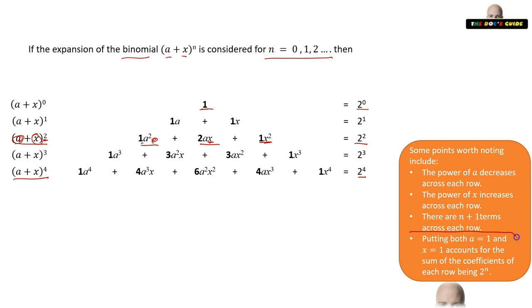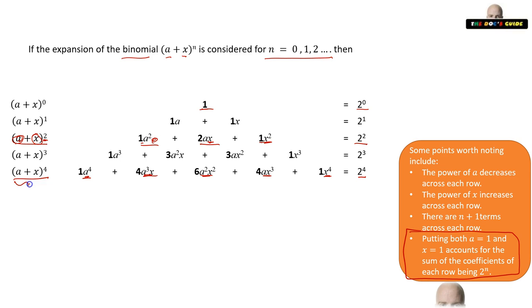This little bit here is interesting, that we can actually see why the sum of the coefficients is 2^n, because if we let a be 1 and x be 1, then all of these bits end up working out to be 1. So what we're left with are the coefficients, the 1 plus 4 plus 6 plus 4 plus 1, which adds up to 16, of course.